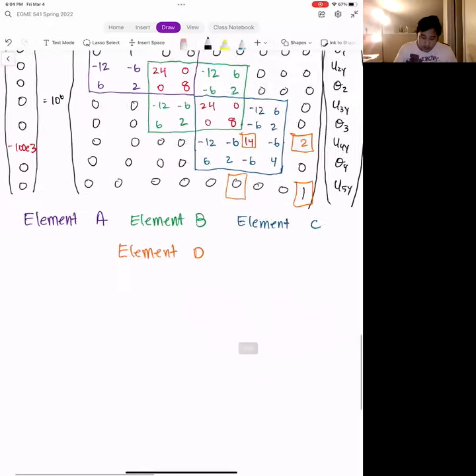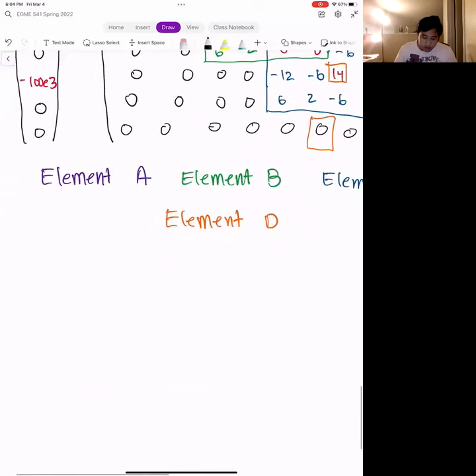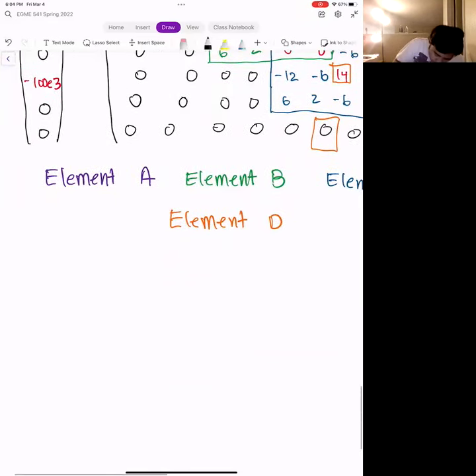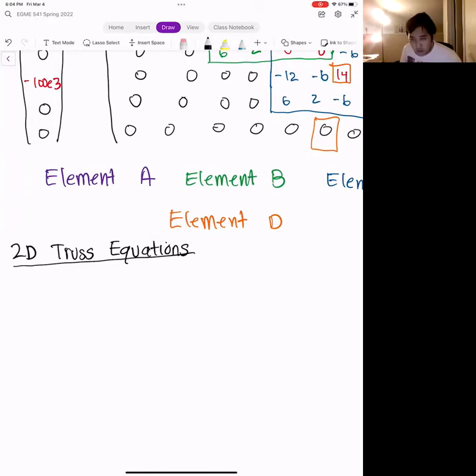that we're going to look at is truss equations, specifically the 2D truss equations. All right, so the 2D truss equations refer to truss elements that are oriented arbitrarily.